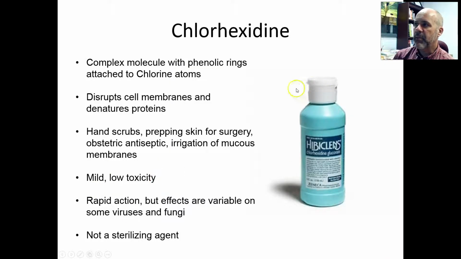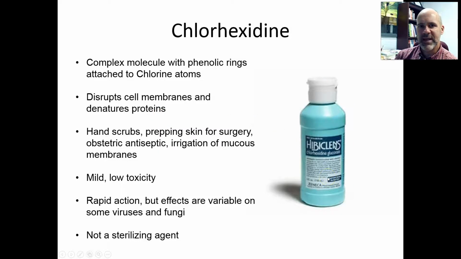Chlorhexidine is commonly used for scrubbing, degerming, and as an antiseptic in medical facilities. It's kind of a combination between a phenolic compound and a chlorine-containing compound, a complex molecule with phenolic chemical rings and chlorine atoms. It disrupts cell membranes and denatures proteins with long enough exposure time.